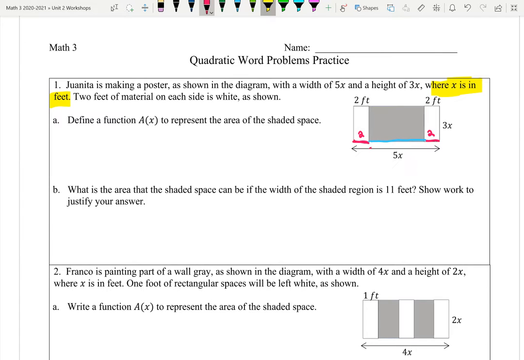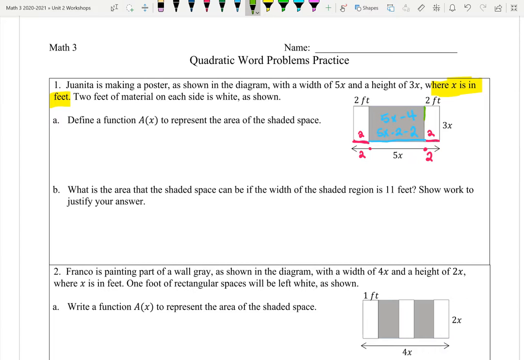So from here to here is 2. Here to here is 2. Whatever is left over would be 5x minus 2, which is the same thing as saying 5x minus 4. All I did was combine like terms. That is the base of this rectangle.